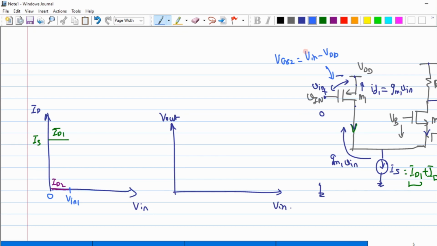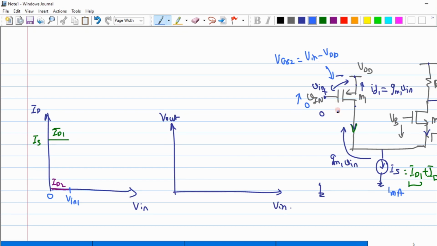Let us assume that my IS is expecting a current of 1 milliampere. When the value of this Vin is equal to 0, the VGS value was completely equal to VDD, due to which all of this 1 milliampere current was flowing through this M1 transistor. Now when I try to increase this voltage, I'm trying to reduce the VGS value of my M1, due to which the current through M1 has to drop.